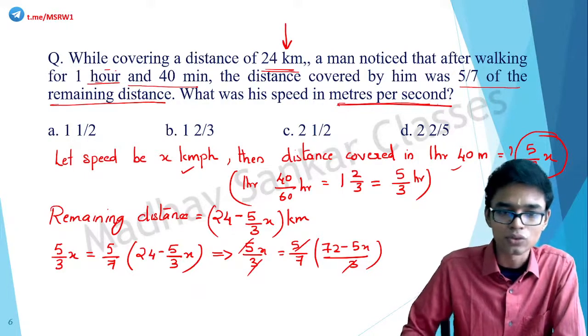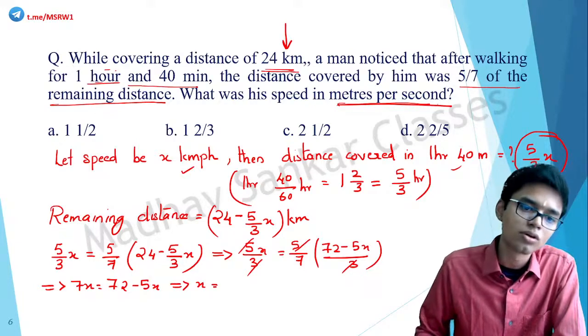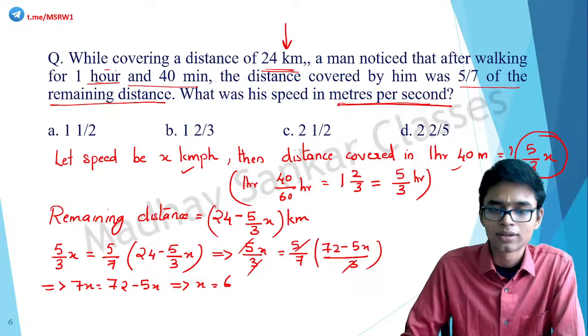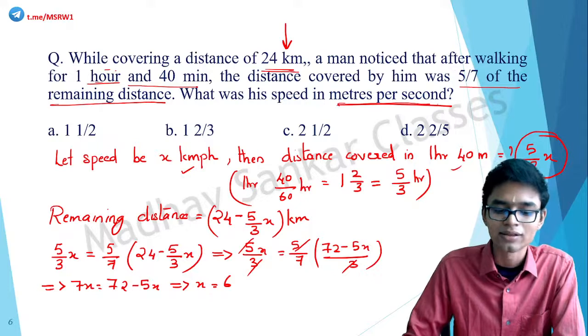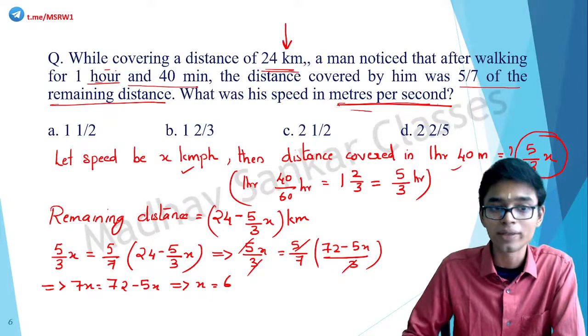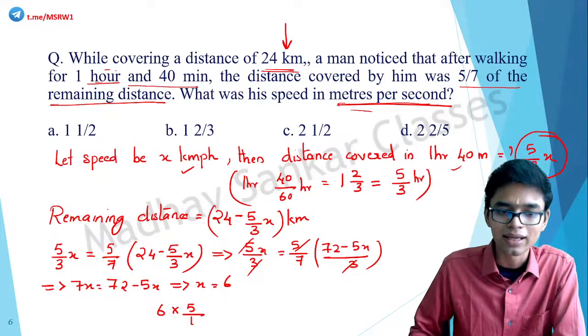All right, so this implies 7x is equal to 24 minus 5x, implying x is equal to 6. Correct? So we got the value of x as 6. But the question asks for speed in meters per second, and this is kilometers per hour. So simply converting into meters per second: 6 into 5 by 18 meters per second is equal to how much?